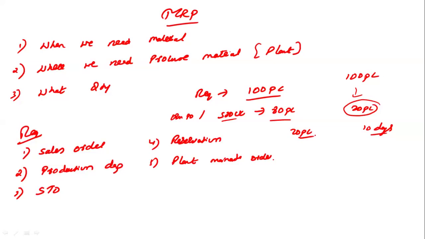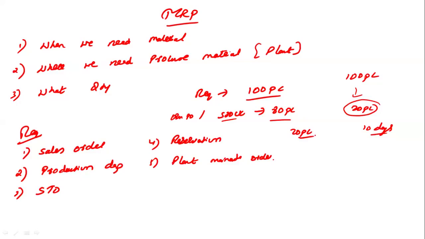So from where will the 20 pieces come? So it will say that either it can come from a vendor or you're going to get the product produced in-house. The system will say that we have a planned order which later will get converted to a production order. And if it needs to be procured, the system will say that you need to create a purchase requisition, which later will be converted to a purchase order.